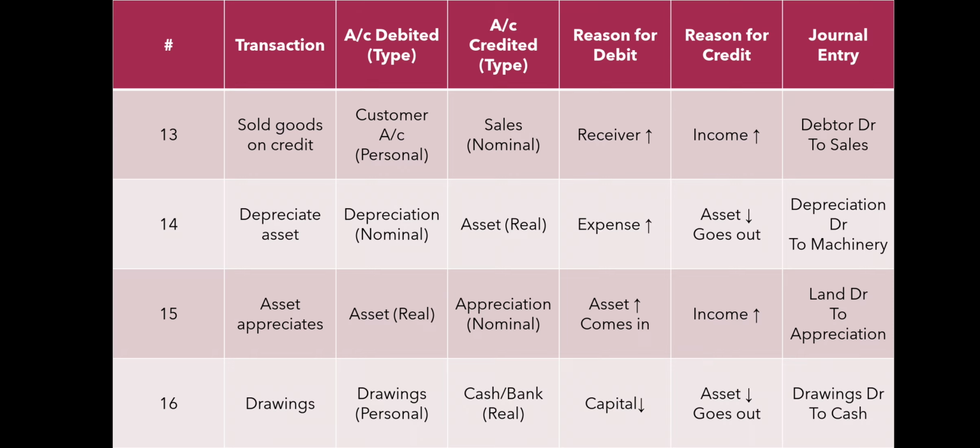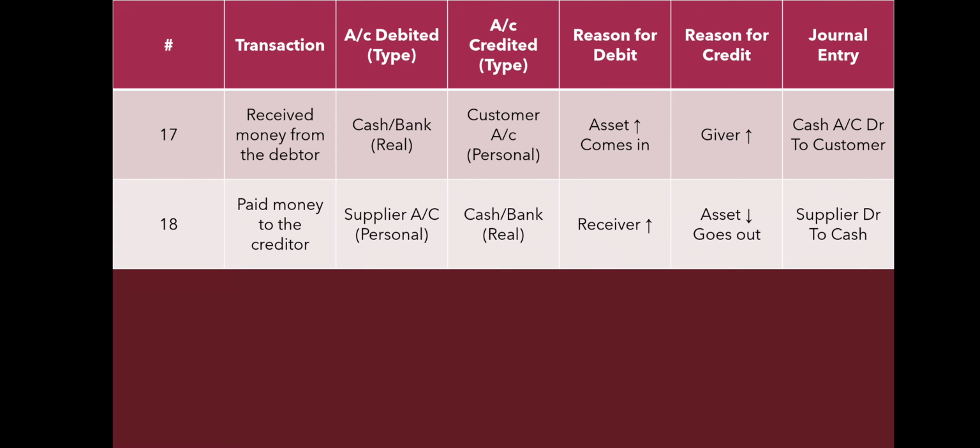I know you all may not understand this journal entry. If you are not understanding, then you can ask me in the comment section. Or the best way is to memorize this journal entry. This is the only journal entry that might feel difficult for you. Then only the last two entries are remaining, and then we'll wind up with the lecture.